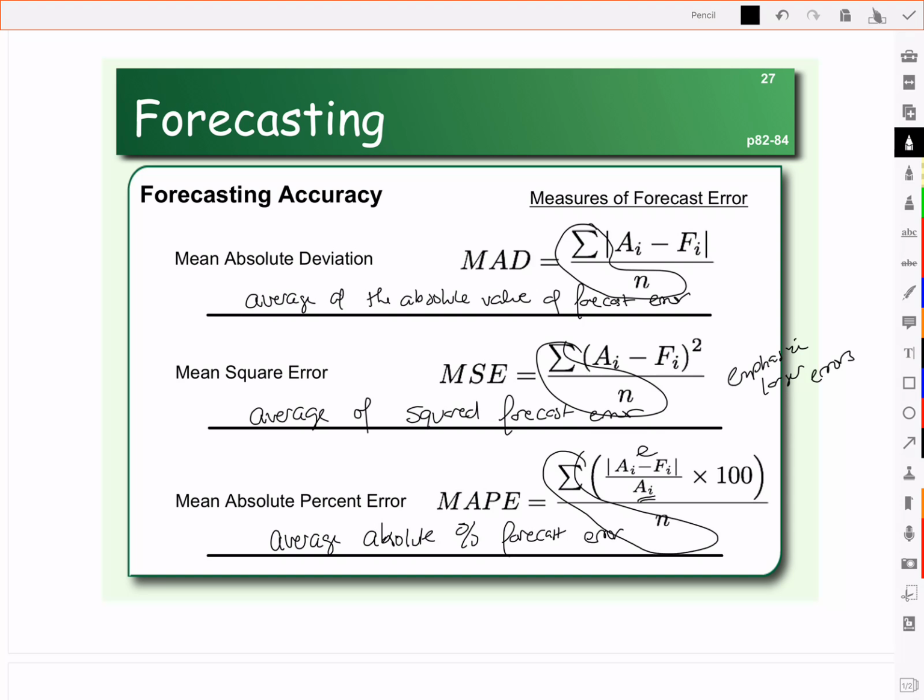The benefit of the mean absolute percent error is that it's going to emphasize errors that are a large percentage of the actual. So it's comparative.